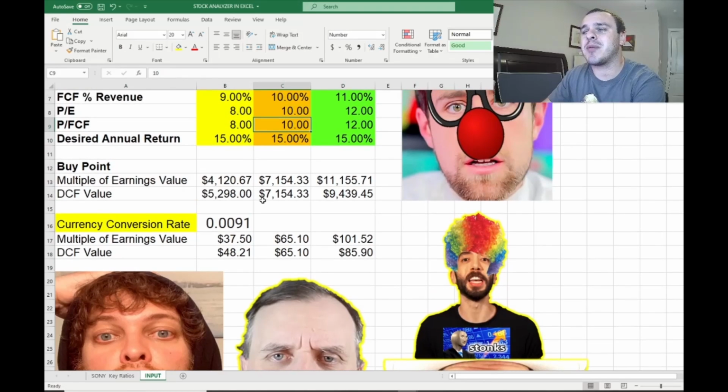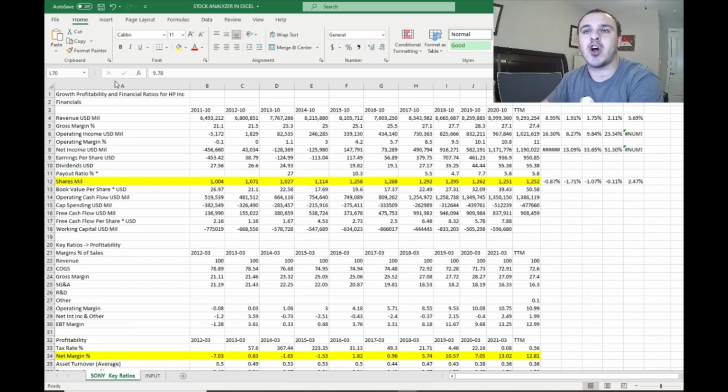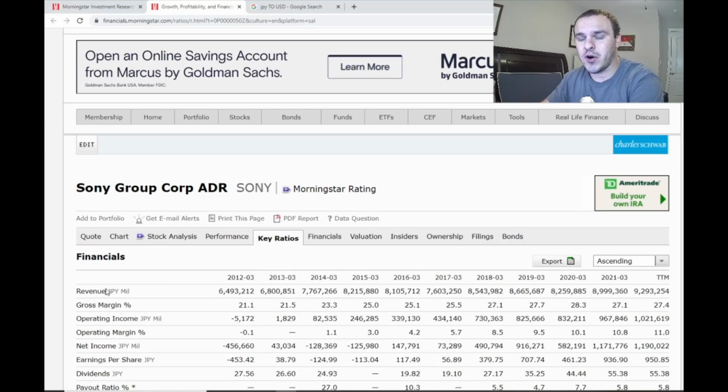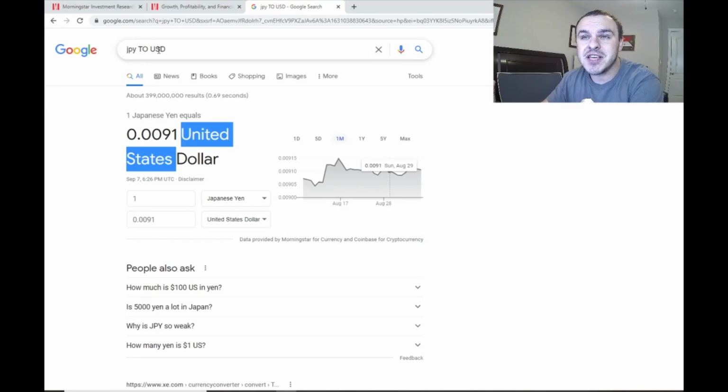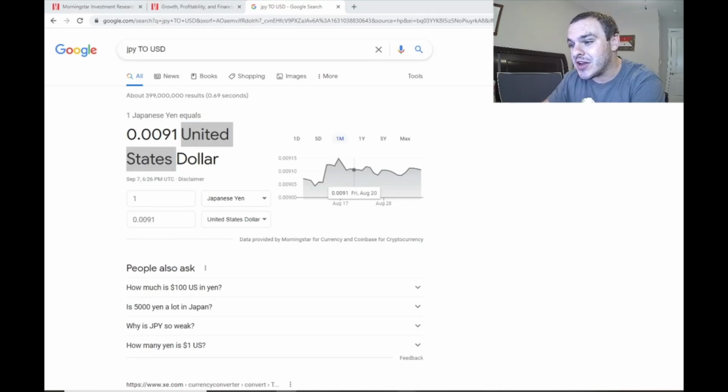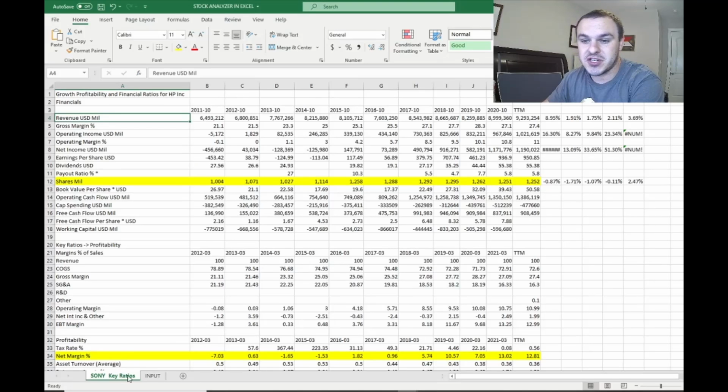Now, here's where you got to be careful with these tools that you use. You need to factor in the exchange rate, because if you look, I didn't copy over this column A because it says USD millions, but if you go to Morningstar, these numbers are actually in Japanese yen. So you need to go and find the conversion rate, Japanese yen to USD, and then you need to factor that into your stock analysis.